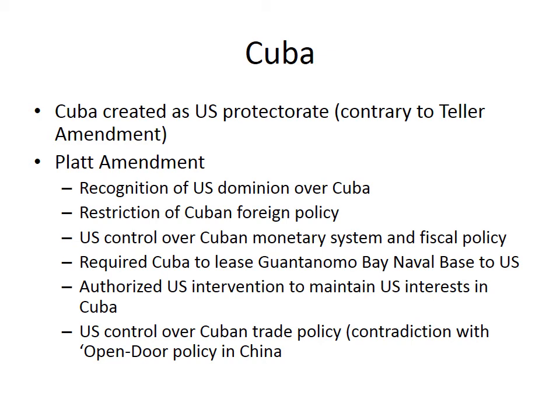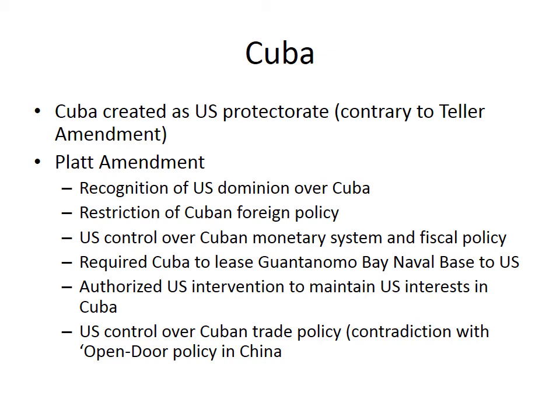And now, the interesting thing is that it will also give the United States control over Cuban trade policy. And here we have one of the more interesting contradictions in U.S. foreign policy during this period. At the same time, the United States is trying to argue with the European powers into allowing the United States to have free trade in Asia, specifically China.